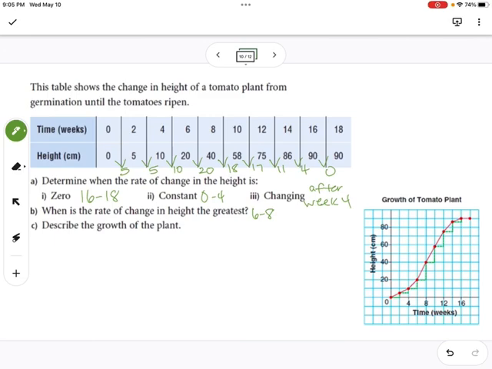So we can look, if it's just based on our rate of change here, we notice that it starts with a slow growth, and then it increases, and then it starts to decrease again. Okay, so the graph is showing a slow growth, and then it starts to go up quicker, and then that growth slows down again until it stops growing.